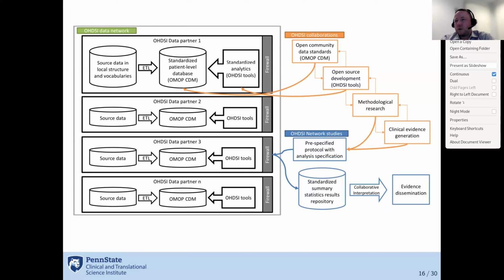beyond a single site. So for example, we'll see in a few slides an example of a patient level prediction problem. With this model that I'm showing here, each site would fit their own patient level prediction model on their own data, and then each site would share the results, the coefficients of their model, to the data network or to the site leading the study.